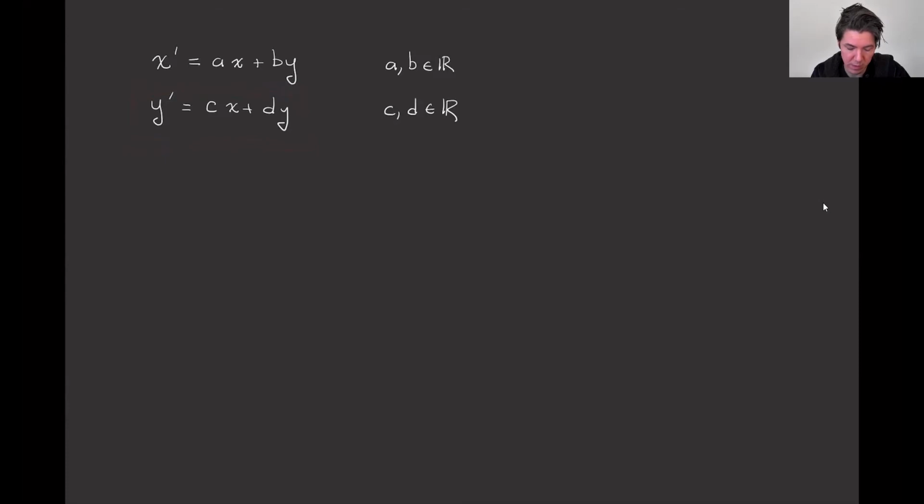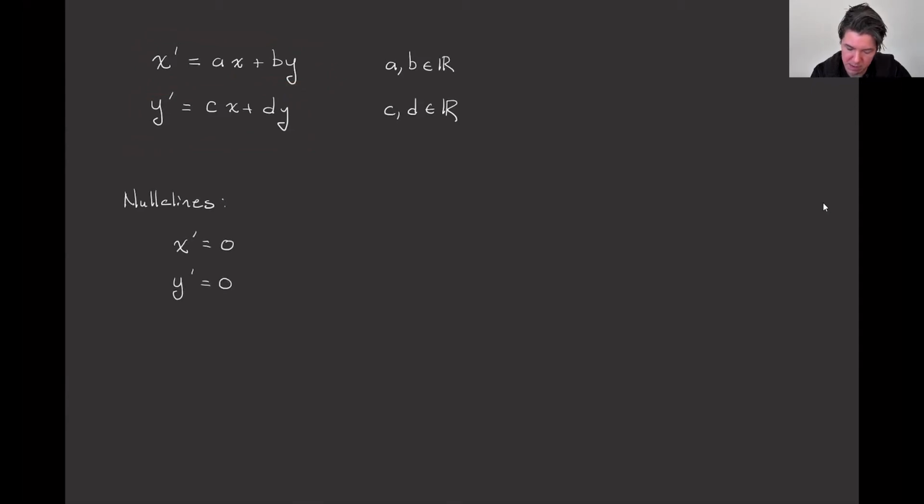Now, one thing that will be particularly helpful is to take each of these and find out where they're equal to 0. That'll be called finding the nullclines. So the nullcline will be where x prime is equal to 0 and y prime is equal to 0.